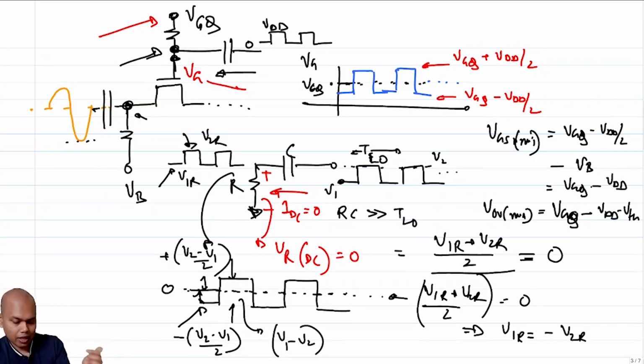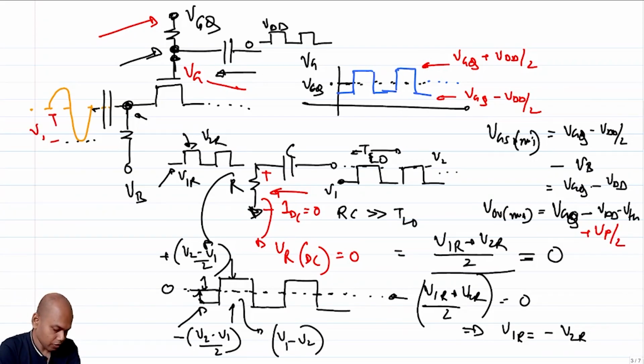So you'll have to ensure that under the signal condition, your V overdrive will still be equal to 0. If the signal is Vp by 2, then I have to add Vp by 2 to this V overdrive.